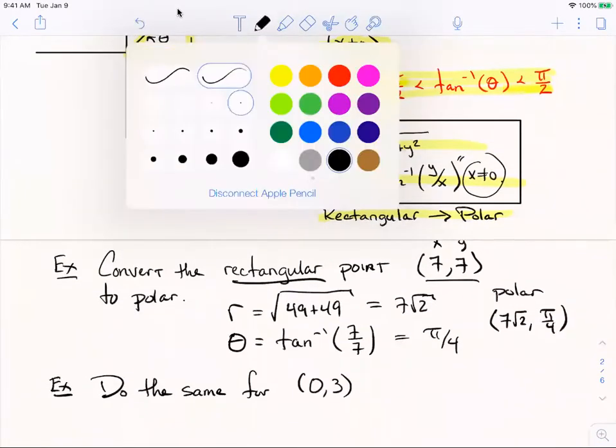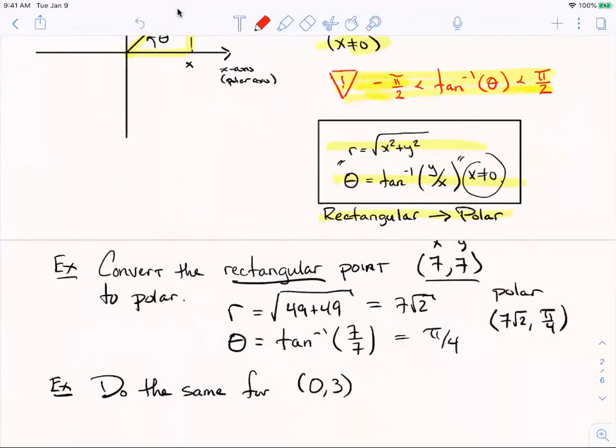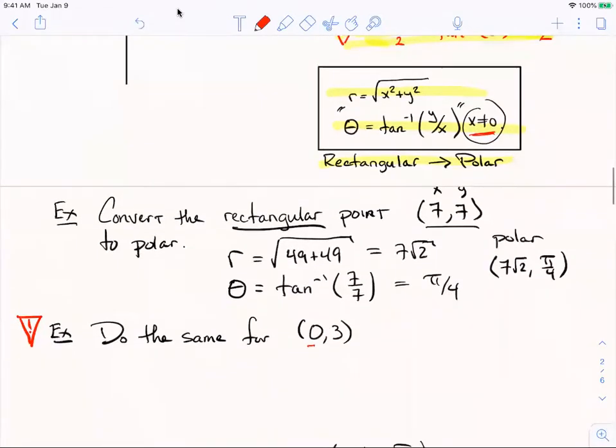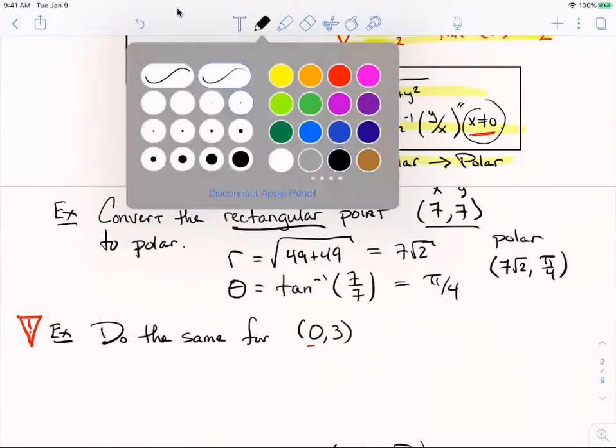This one I want to say something about. We have to proceed with a little bit of caution and explain what I mean by those quotation marks above, because here my x coordinate is 0. The formula that's in the box won't allow that. But all is not lost.